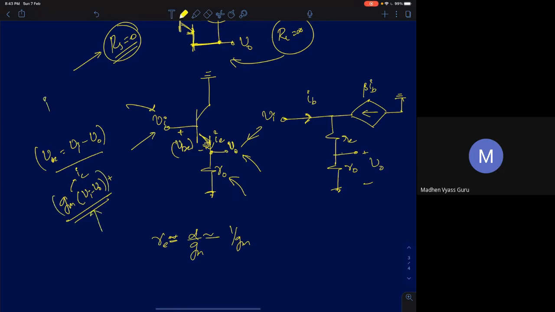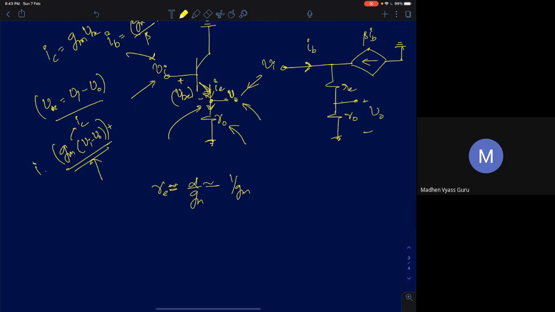GMVBE is your small signal IC, and small signal base current will be GMVBE by beta. But what is the current flowing through R0 here? Is it collector current or what is the current flowing through R0? It is the emitter current.